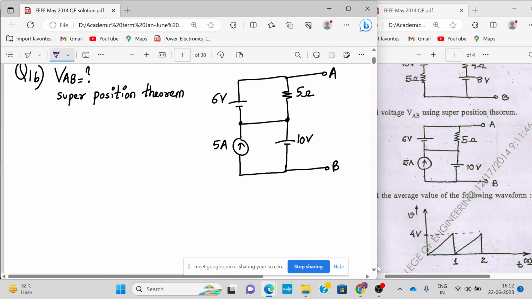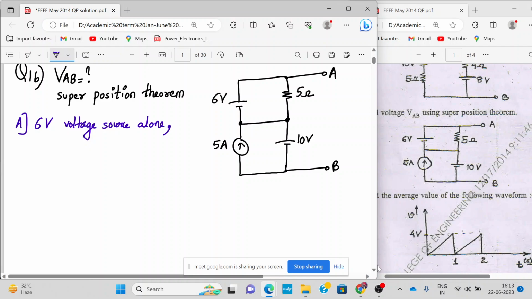There are three sources: a 6-volt source, a 10-volt source, and a 5 ampere current source. We first consider the 6 volts voltage source alone. What do we do with the other sources?